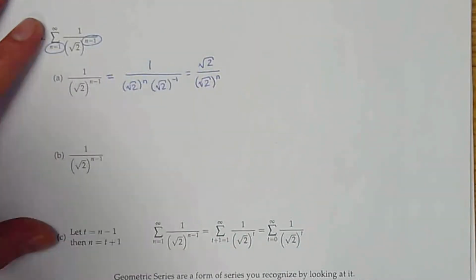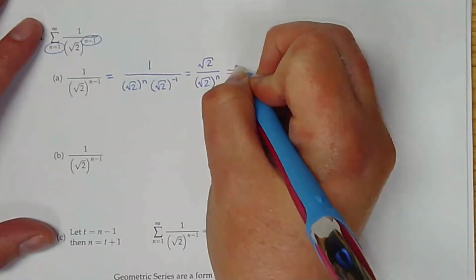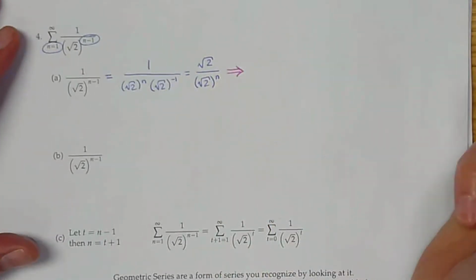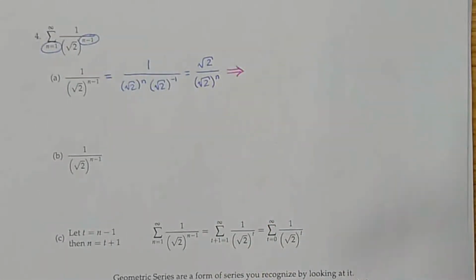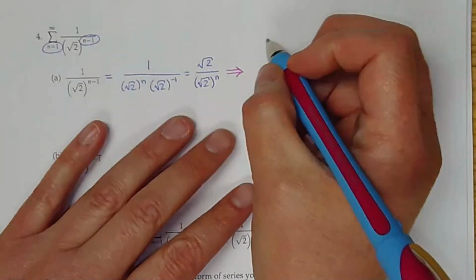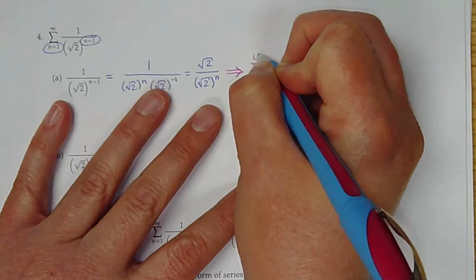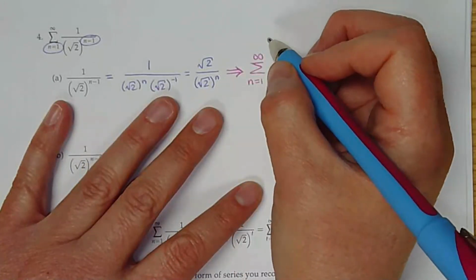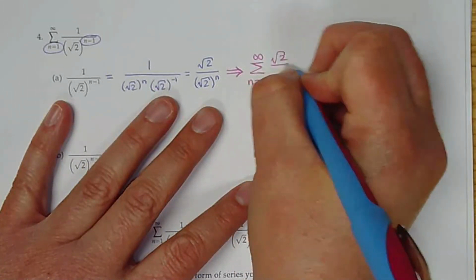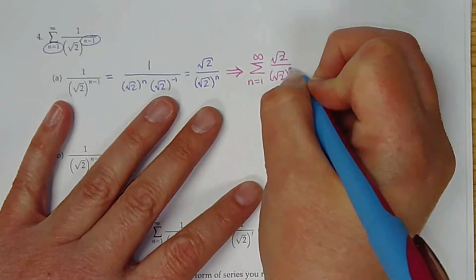So that's going to make my series, and I'm going to put an arrow there because they're not going to be equal, but the arrow indicates this is the work I've done that now tells me my series is going to be from little n equals 1 to infinity of root 2 over root 2 to the n.